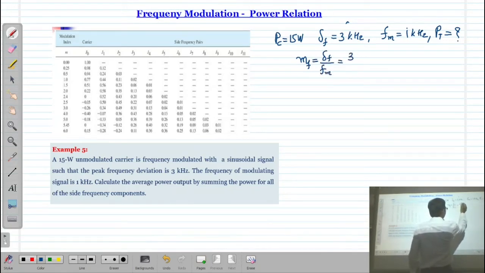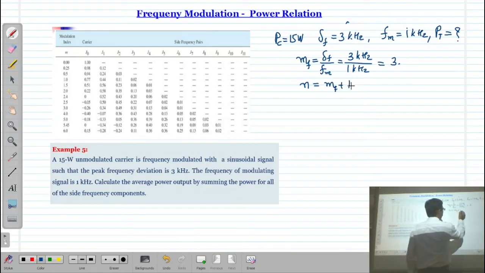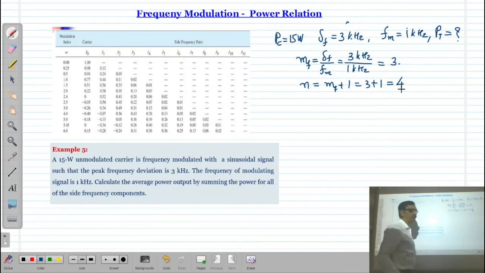Here delta f is 3 kilohertz and fm is 1 kilohertz, so my modulation index is going to be 3. The number of significant sidebands is mf plus 1, so 3 plus 1, the significant sidebands are 4. If I calculate the power up to 4 sideband frequencies, then I can get the total power of the modulated wave.